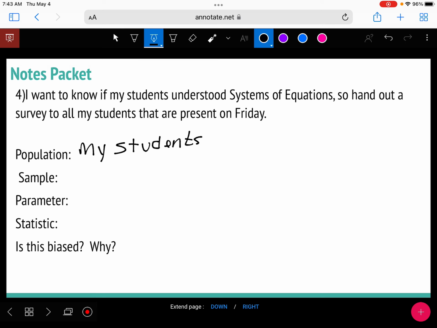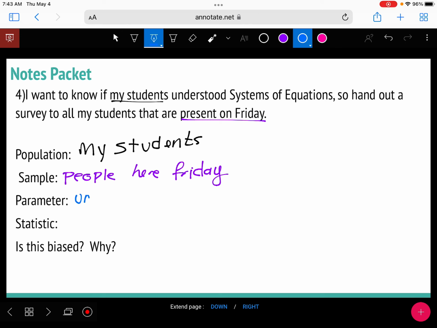What is the sample I take? Yeah, the people that were here Friday. What is the parameter I want, or that I have?